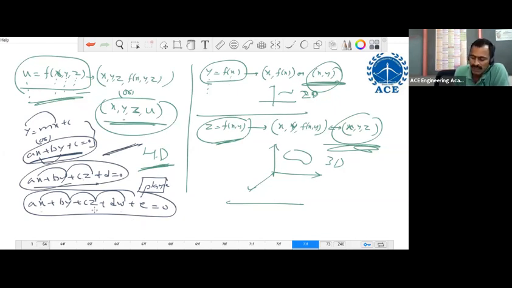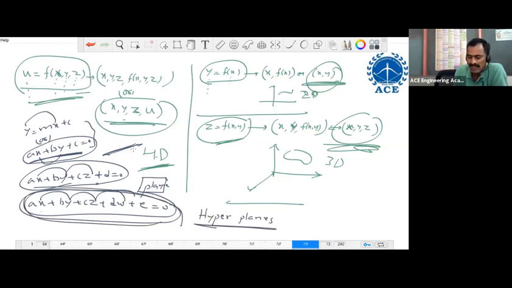From here onwards, we cannot say directly. That is why we say hyperplanes. We don't have a particular name for higher dimension spaces. That is why we call them hyperplanes.